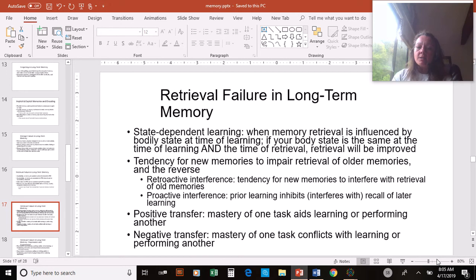And then when it comes to how we retrieve our memories, we have state-dependent learning. And this is actually kind of funny. Basically, remembering something is contingent upon our mind and body and emotions at the time that we're learning it.